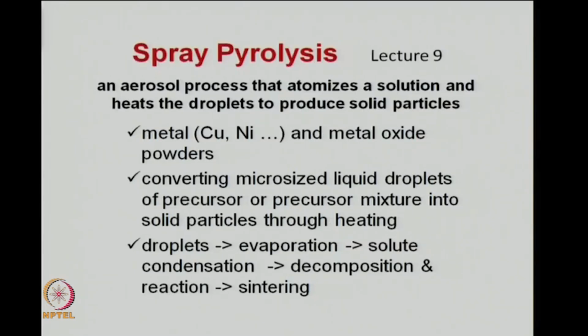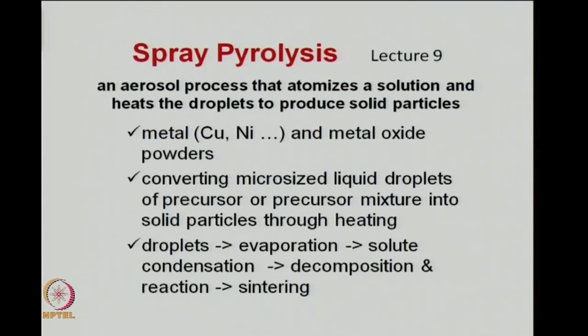Then in the previous lecture, that is lecture 9, we looked at another method of synthesis of nanostructured materials, called the spray pyrolysis method. In the spray pyrolysis method, you basically use an aerosol where you have droplets of liquid in a gas, and you have a process that atomizes this solution and heats the droplets to produce solid particles.